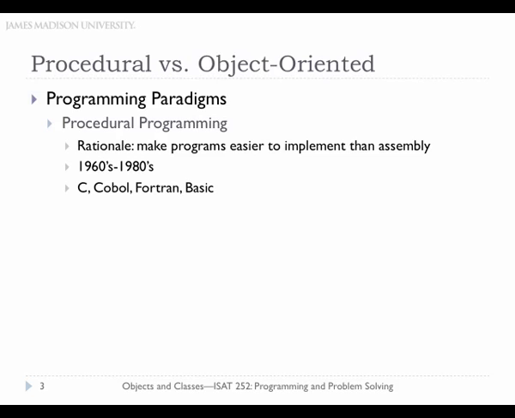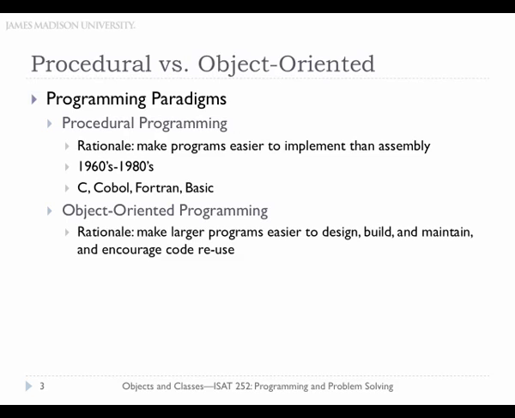And so they went searching for another way to do this, and they came up with this idea for object-oriented programming. So the evolution from procedural to object-oriented, and before that from assembly to procedural, is driven by the need to make programs easier to design, build, and maintain, and in the case of object-oriented programming, to encourage code reuse, because one of the things that they realized in the procedural era was that they frequently did the same things over and over again in different programs, and they thought, wouldn't it be nice if we had a library of code that we could go back to and use whenever we needed to.